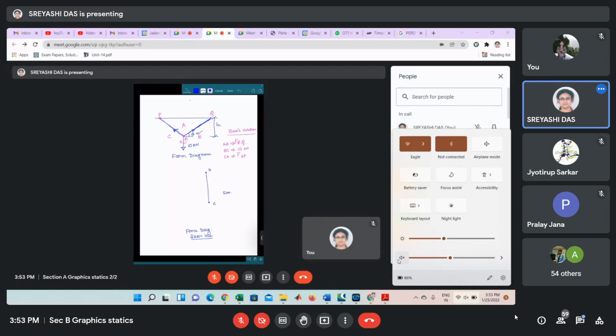Now, using a set square, we will draw a line parallel to this member RQ, and the name of this force is AB. So using the set square, we draw a line parallel to this from here.